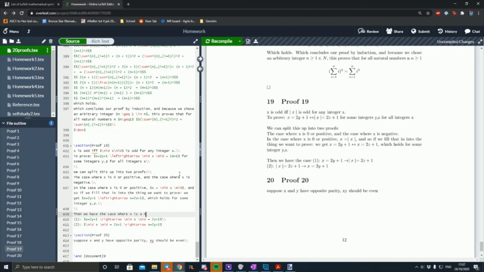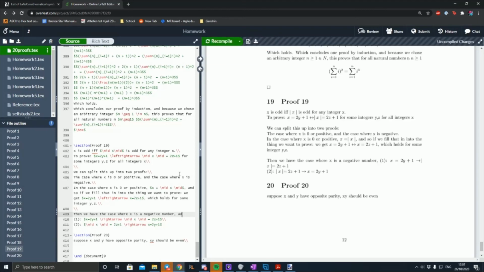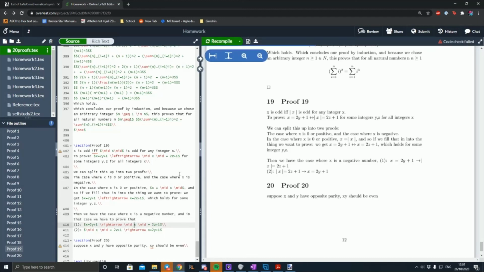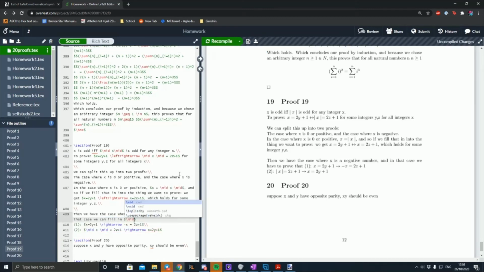Where x is a negative number. And in that case, we can fill in mid x mid equals negative x.